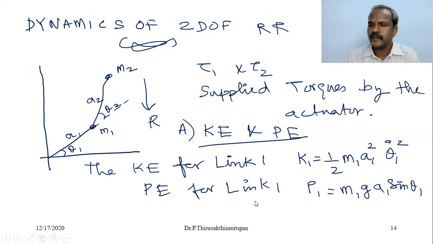Okay, so this is equation number 1 and 2. Then for link 2, similar to that, the kinetic energy and the potential energy for link 2. So for link 2, we have to use the forward kinematic equations.